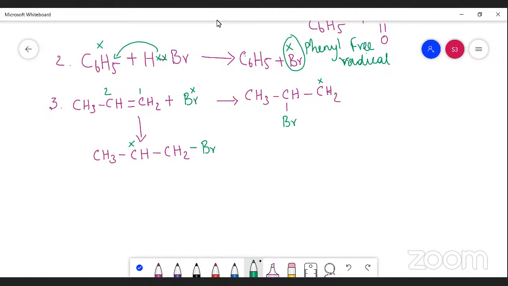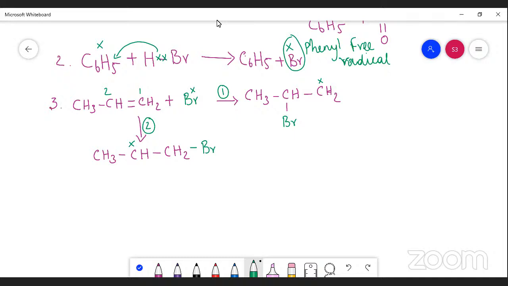Now listen, here there are two types of free radical. This is the first one, and here it is the second one. In the first reaction, we are getting a primary free radical. What is primary? The carbon is attached with only one carbon.